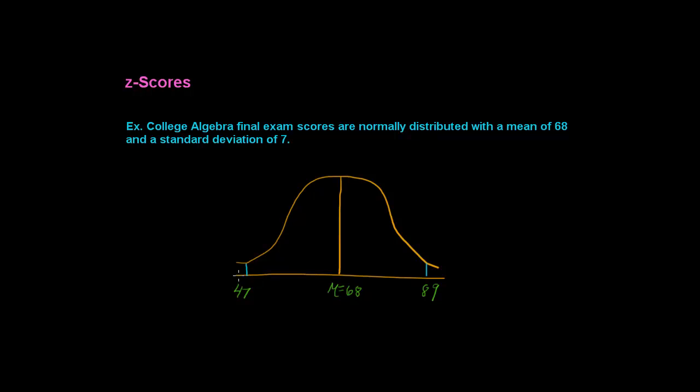Now you can see there's a little bit of data on the top and the bottom that we haven't accounted for, because what we expect now is that 99.8% of the test scores would fall between 47 and 89, 3 standard deviations away from the mean. So that's our expectation for a normal distribution. It's approximate, but it's a guideline that we can use.